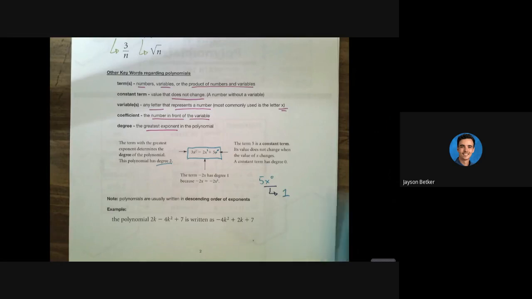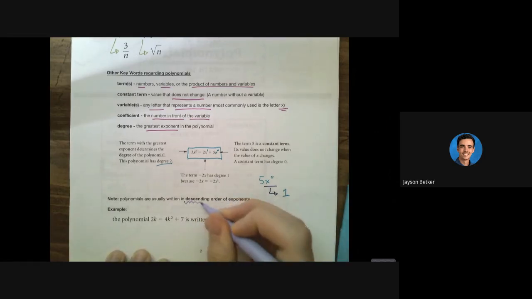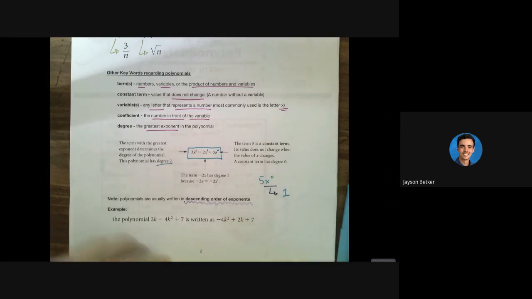And that is my next thing that I wanted to mention to you, is that polynomials are usually written, or we want to convert them so that they're written, in descending order of exponents. We start with the largest exponent and we end with the smallest one. For example, this polynomial here is a fine polynomial, but it's not written how we want it to be written.